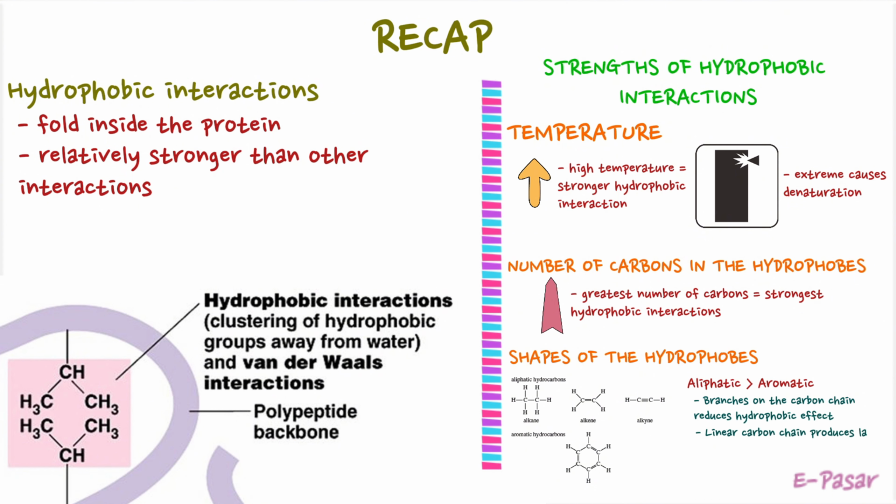Now, the branches on the carbon chain will reduce the hydrophobic effect of that molecule, and a linear carbon chain can produce the largest hydrophobic interaction. This is because carbon branches produce steric hindrance, so it is harder for two hydrophobes to have very close interactions with each other to minimize their contact with water.